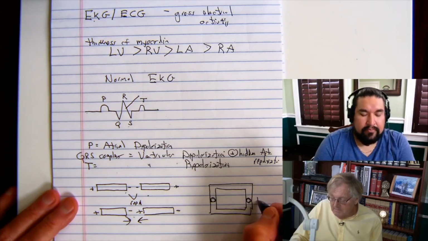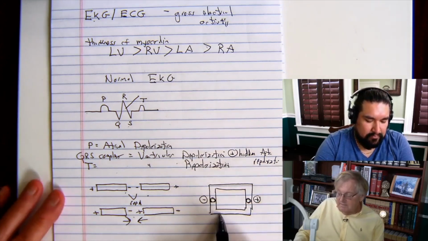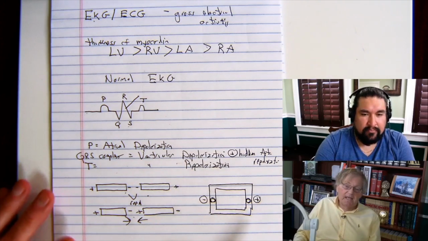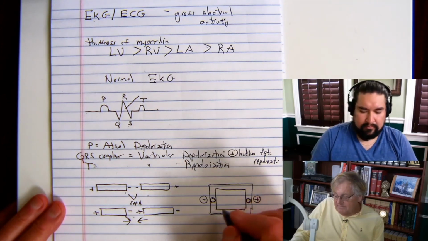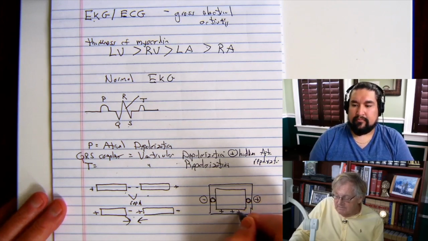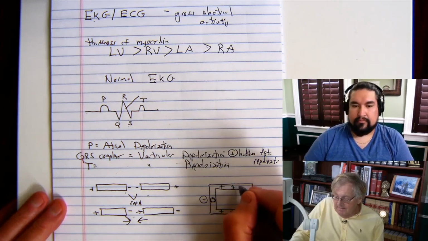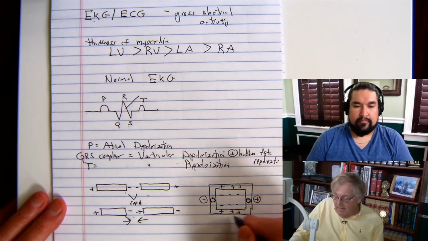Let's say this is the positive and this is the negative. And there's hydrochloric acid sitting in that battery, and let's just say that it's polarized. So that means it's going to have all plus charges on the outside and negative charges on the inside. That's polarized.